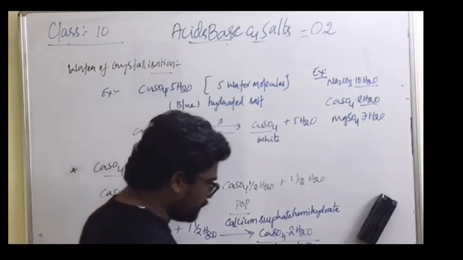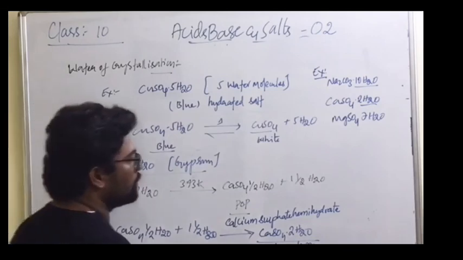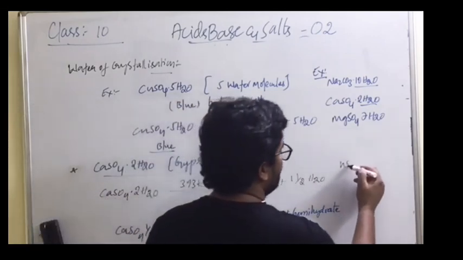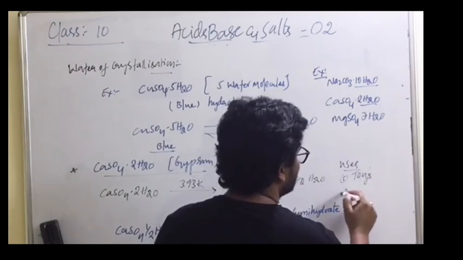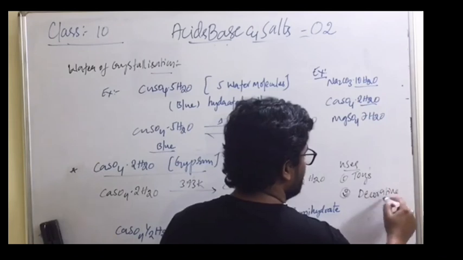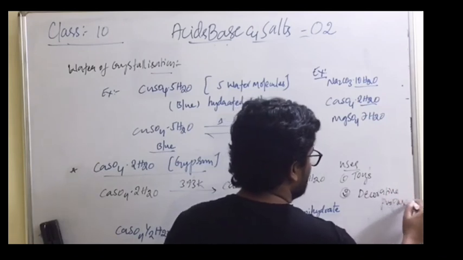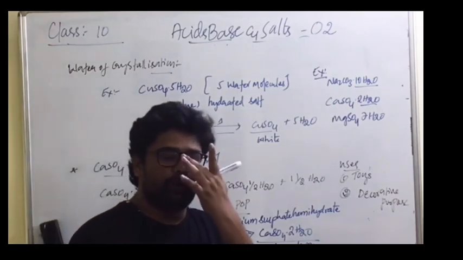So what are the uses of this POP? We use POP for different purposes in our daily life. Can you name those uses? Yes, the first one is making toys. The second is for decorative purposes. And the last, very important one: whenever we fracture our hand or leg, we visit a doctor.